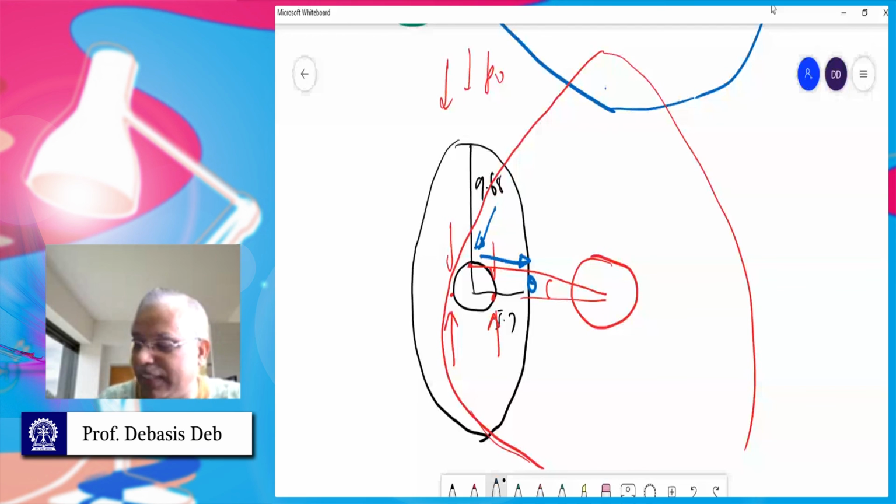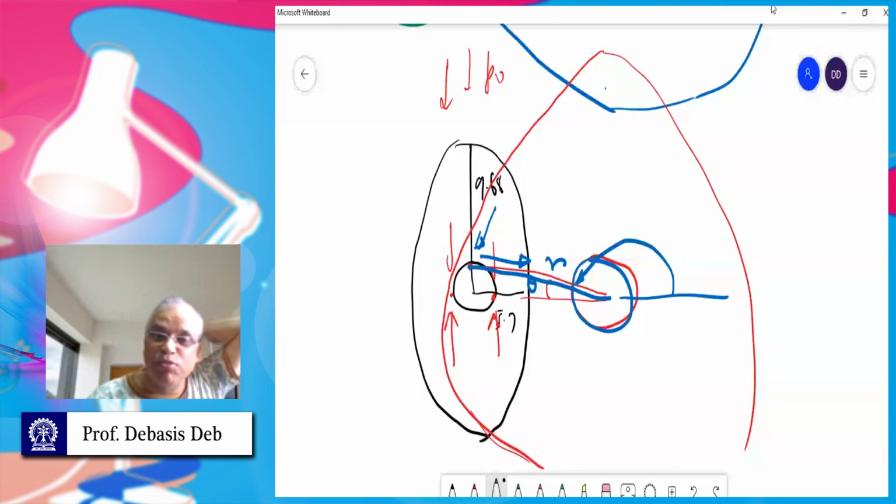So you understand what I'm saying? For point number 2, when I'm estimating these stresses, this is my radial distance, this is my R, and this will be my theta, if you take it counterclockwise. This is the point, and it does not come exactly vertical and horizontal.